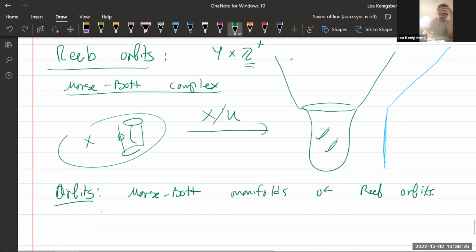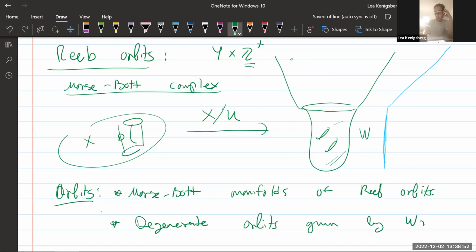And then there is also the degenerate case. So you also have the constant orbits, which is basically this entire degenerate manifold, degenerate orbits. So you have a manifold of constant orbits, which is given by this W here.